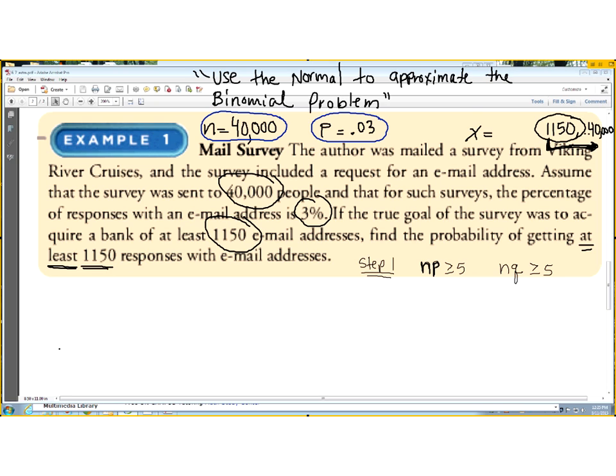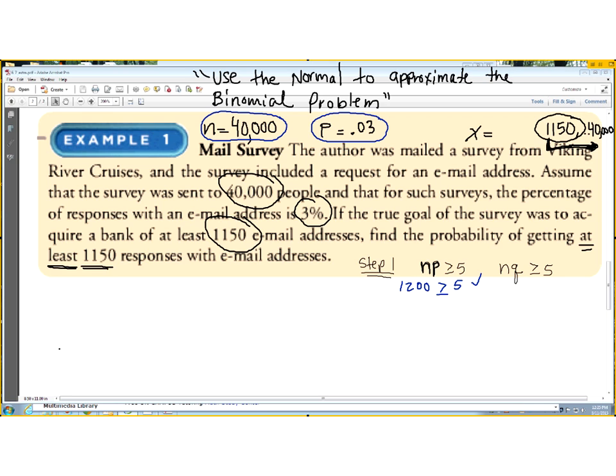Multiply those two and tell me what you get. And that is greater than or equal to 5, right? It's definitely greater than or equal to 5. Okay, so your 12,000 is greater than 5.